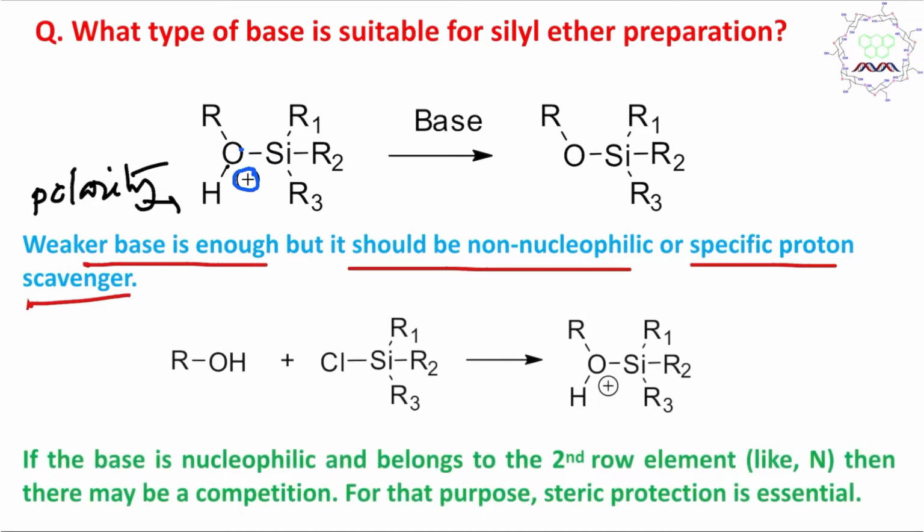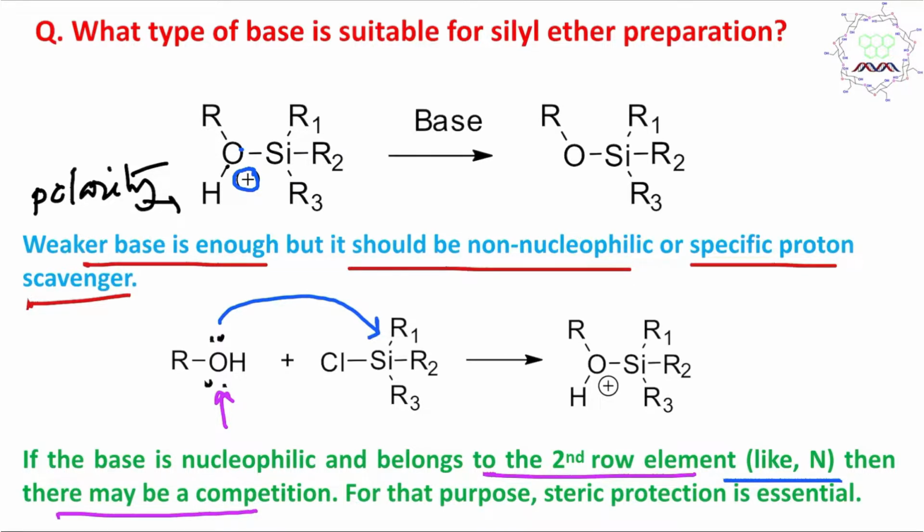Fine. So in this case, how does the reaction start? First this lone pair on this oxygen attacks here through an SN2 type process. Now if you use a nitrogen containing base, nitrogen also belongs to the second row like oxygen, so there may be a competition.